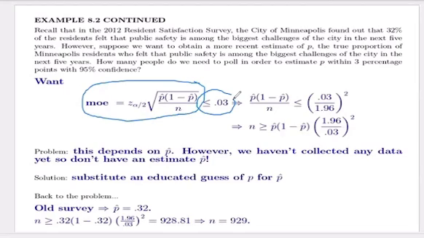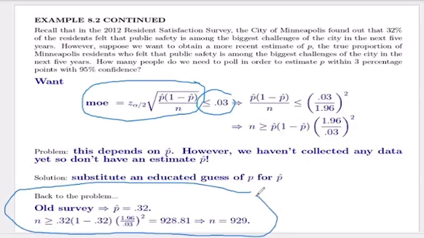And right now, because the research has been conducted before, you can plug in the P cap. So if you take a look at what I'm doing here, from the old survey conducted, we have a P cap of 0.32. We're going to plug that in. And when we plug that in, the level of confidence here is 95%. That's why you have 1.96.